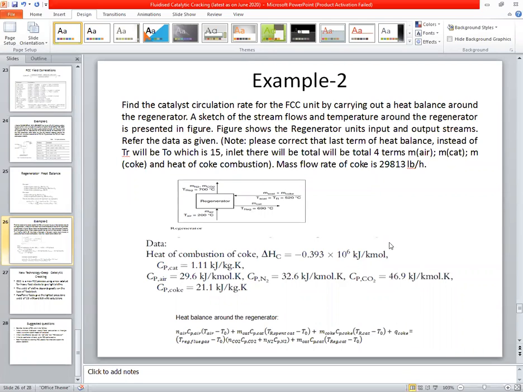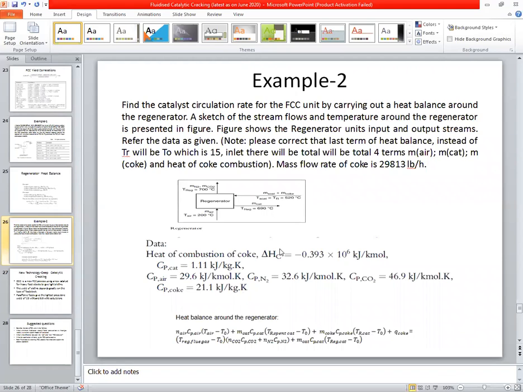Now we have to calculate the Q coke, the heat of coke combustion. The heat of combustion is given as negative 0.393.